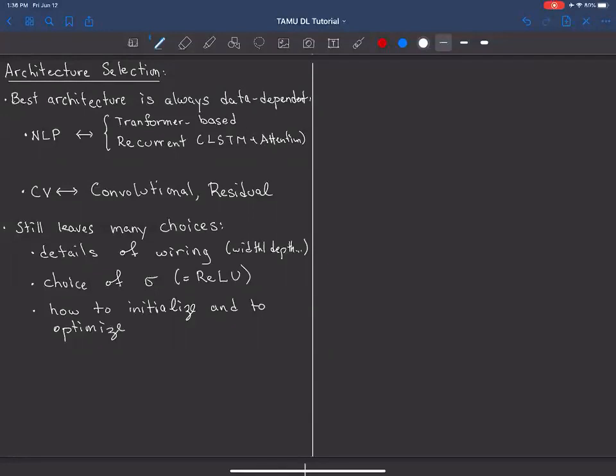Okay, so my purpose now is I want to give 2 brief intuitions about how to do some part of architecture selection. And both of these intuitions have to do with trying to understand the role that depth plays. I said at some point that deeper networks tend to do better in practice. And so I want to say something about that.